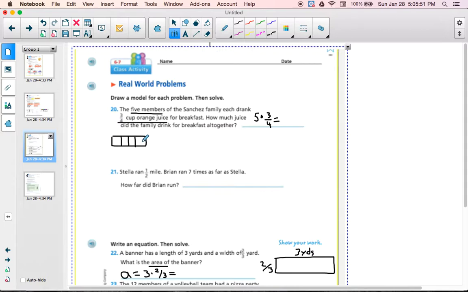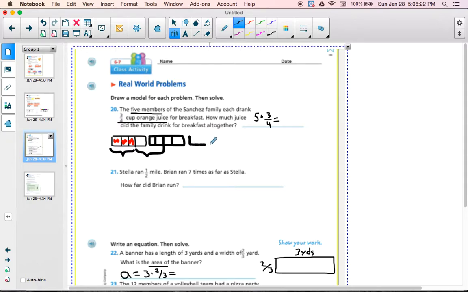So there's a fraction bar in fourths. I need to make 5 groups of 3/4. So 1, 2, 3. There's a group of 3 out of 4. So it looks like I need to draw some more here. Here's another group of 3/4. 1, 2, 3, right there.